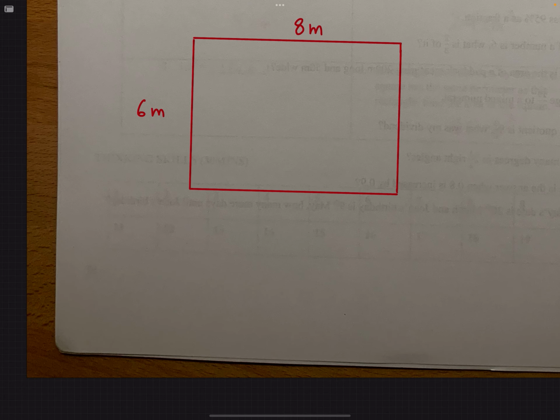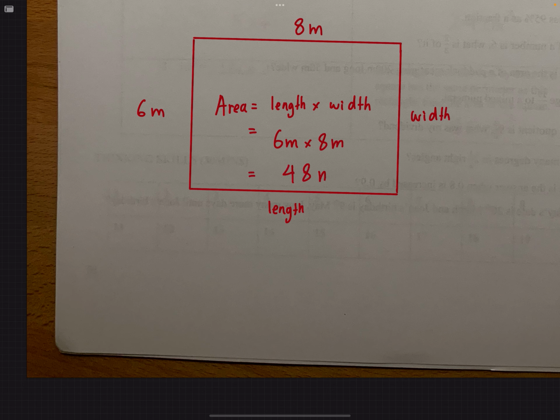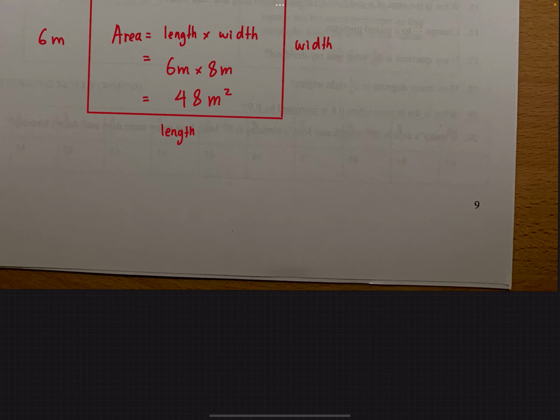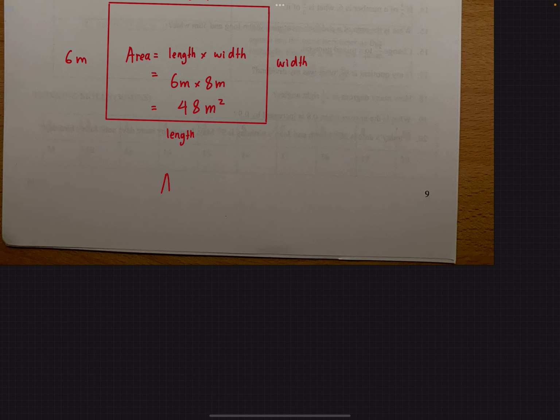So the area is going to be length times width. This is your length and this is your width. So area is equal to length times width, which equals 6 meters times 8 meters, which is 6 times 8 is 48 meters squared. Alright, so we got the area. Area equals 48 meters squared.